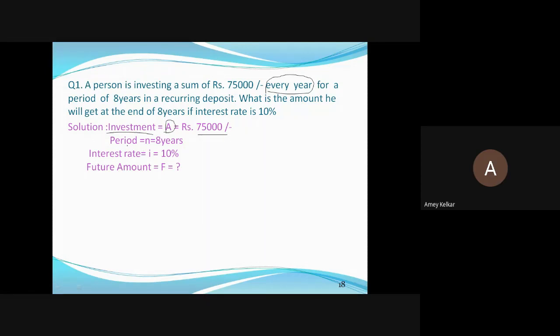What is the period? 8 years, n is 8 years. Now the interest rate is 10%. We don't know the future amount, so in this case we need to find the future of annuity. When we say future of annuity, that means annuity is given, we need to find future.